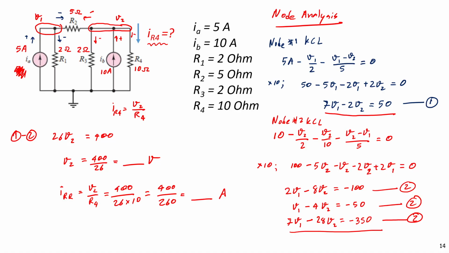So first get the voltage, and after that you solve for other parameters. This is nodal analysis. So please try to check whether there is any mistake here or not.